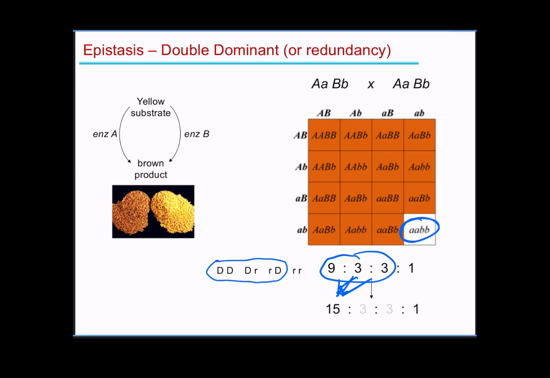It just takes a little practice, in either way of memorizing these deviations from the 9-3-3-1 into rather predictable distributions. A double dominant or duplicate dominant will always be 15-1, a single dominant will always be 12-3-1, and so forth.